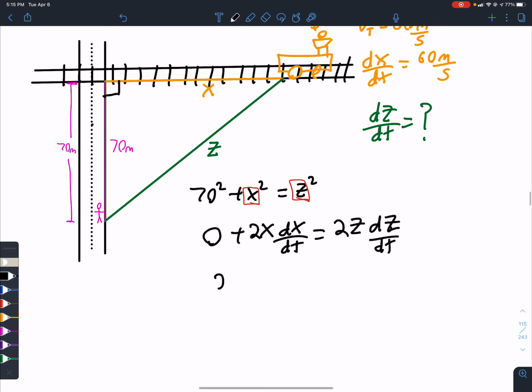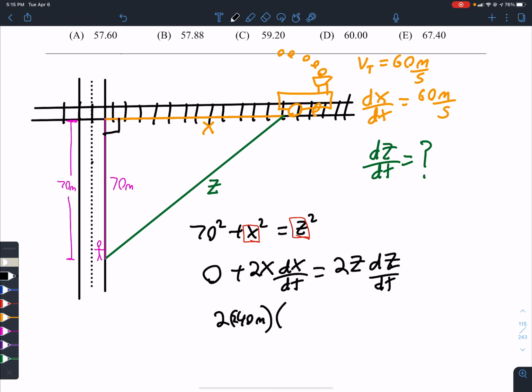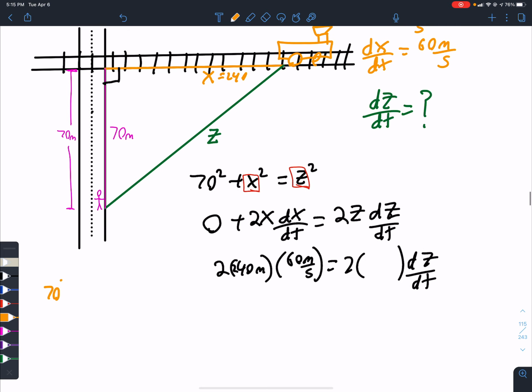So I know that x is going to be 240 meters. dx/dt, they told us, is 60 meters per second. Now, dz/dt is what we're looking for, so we're going to solve for that, but I need to know z. But if I know x is 240, the Pythagorean theorem says 70 squared plus 240 squared is z squared.